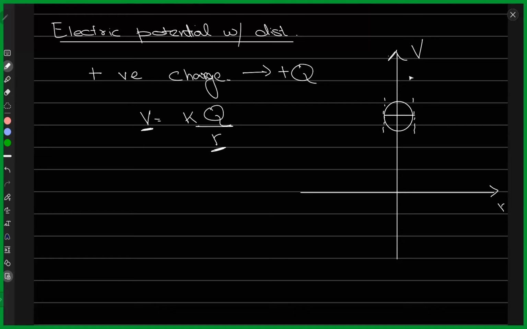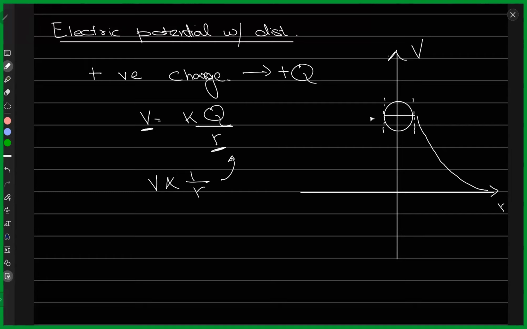Now, as soon as I reach the surface of the charge, the potential starts to decrease as an inverse 1 over r. And we know that that graph looks like this, right? And this is just coming from V being inversely proportional to R for a positive charge.